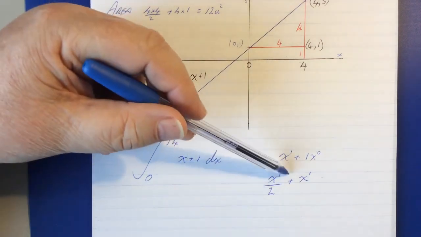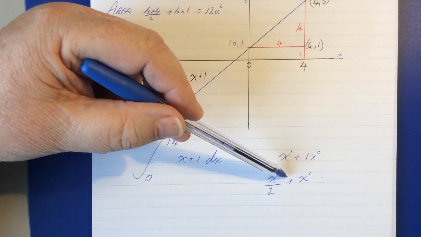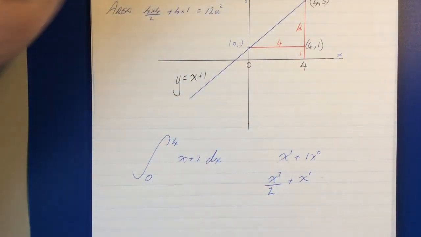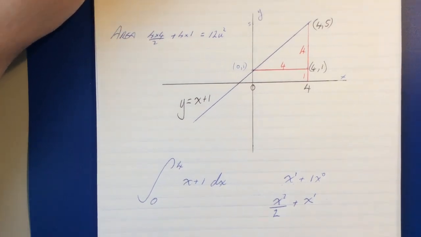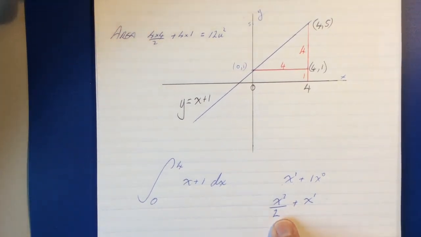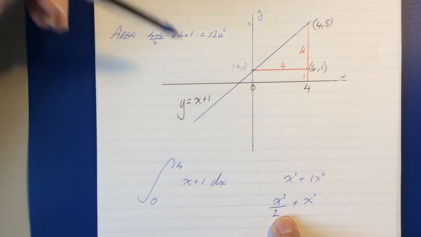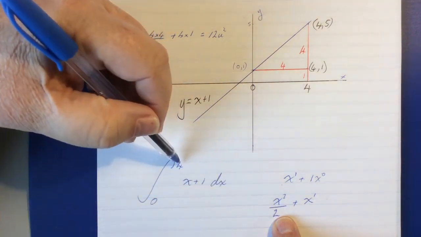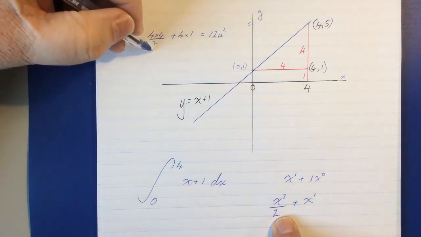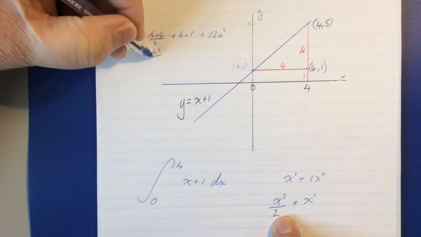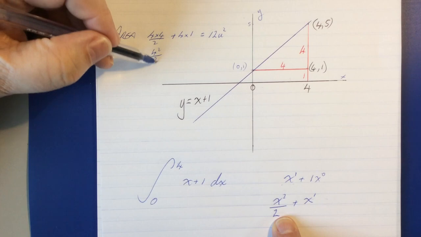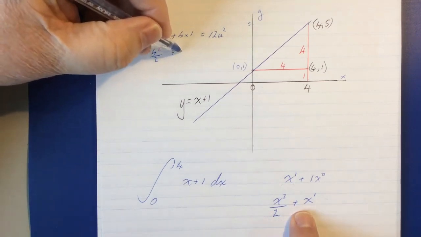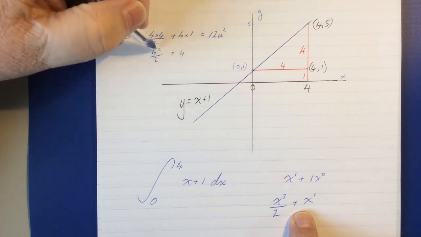So if I put 4 into this, which I'm going to do back up here so that you can compare. So we've got, just keep an eye on where my finger is. We've got x squared over 2. Now x squared in this case will be 4 squared. So that is 4 squared over 2, please note, plus x, 4. 4 times 1, 4.